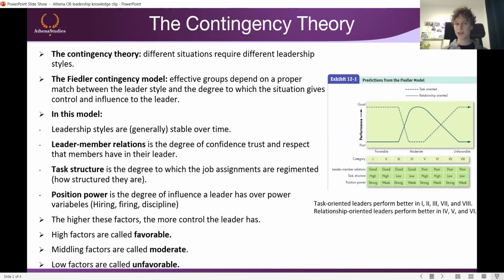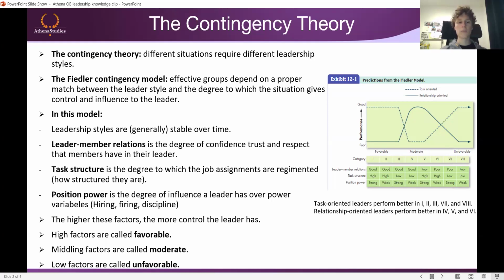This theory leads to the Fiedler contingency model, which is the model that we will be focusing on for most of this knowledge clip. This model shows us that effective groups depend on a proper match between the leadership style and the degree to which the situation gives control and influence to the leader.